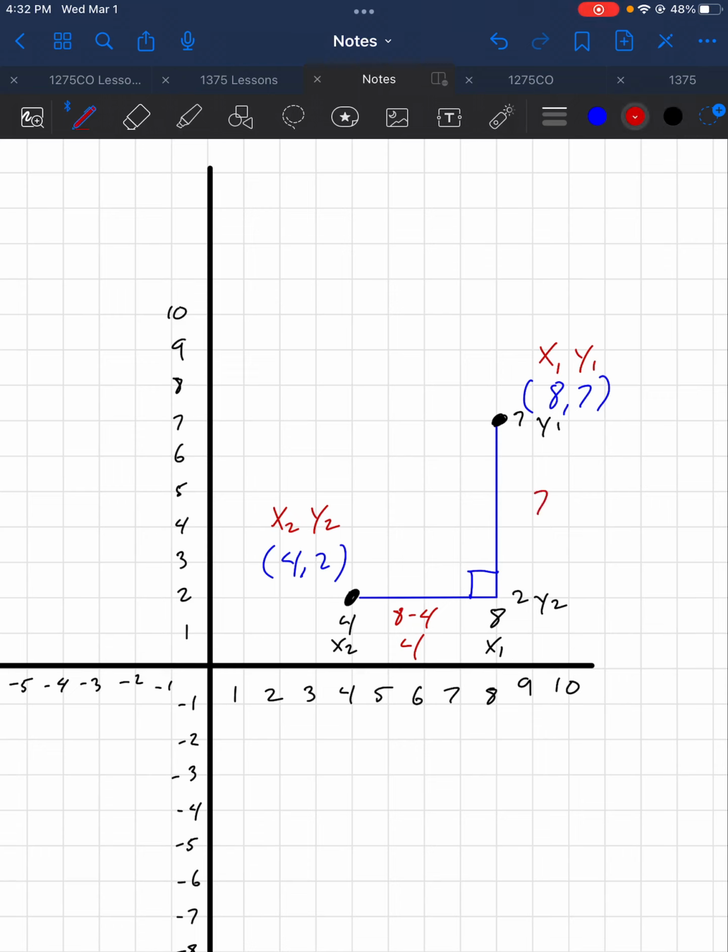And 7 minus 2 is equal to 5. Again, the distance, if we were counting boxes, the same.